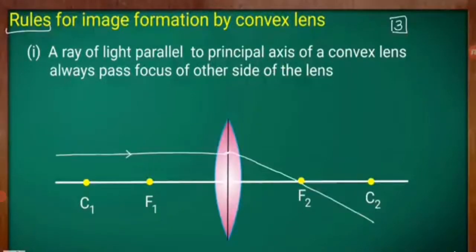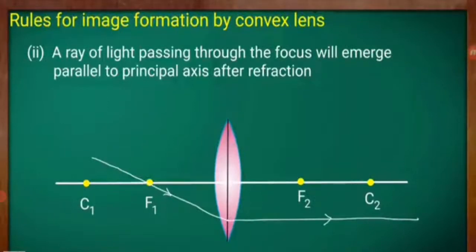So this is the first rule. And coming to the second rule, if a ray of light is passing through the principal focus on one side of the lens, then the emergent ray after refraction will be parallel to the principal axis on the other side. This is the second rule.